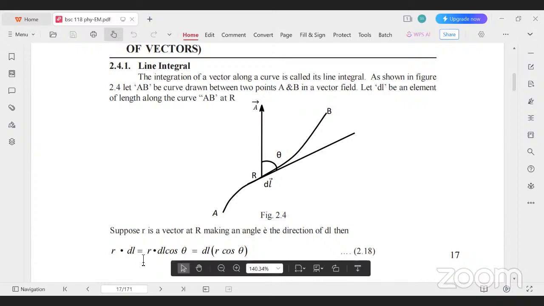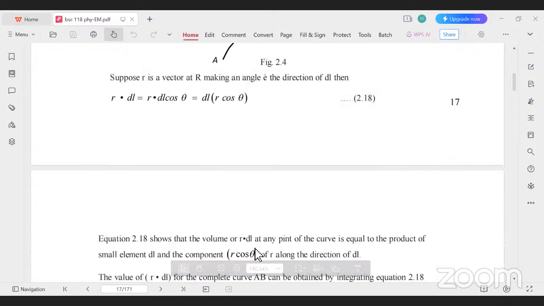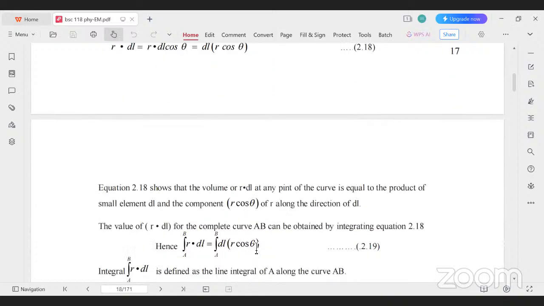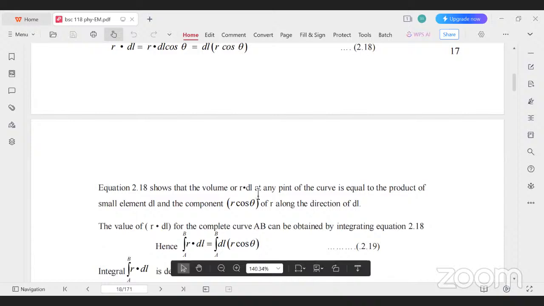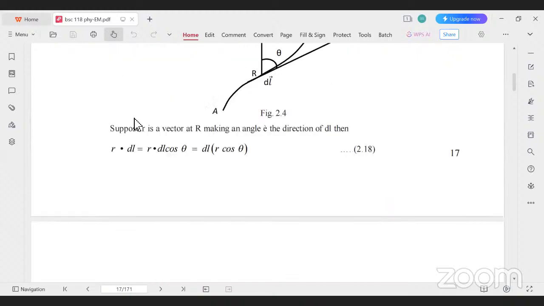R dot dl equals R dl cos theta, that equals dl times R cos theta. For one single line, I'm just finding the integration. This shows that the value of R dot dl at any point of the curve is equal to the product of the small element dl and the component R cos theta along the direction of dl. So I'm just finding it for one single line.